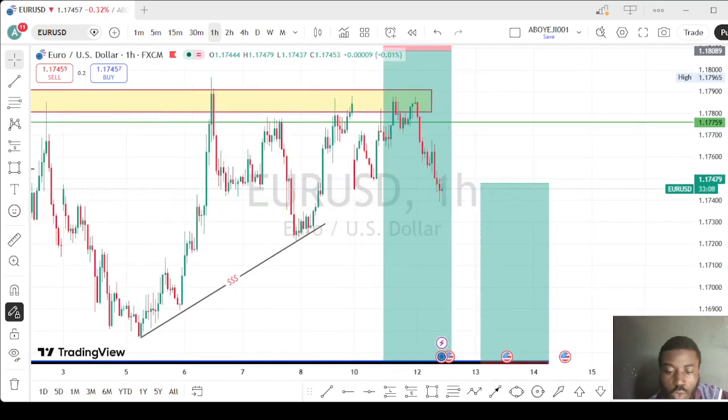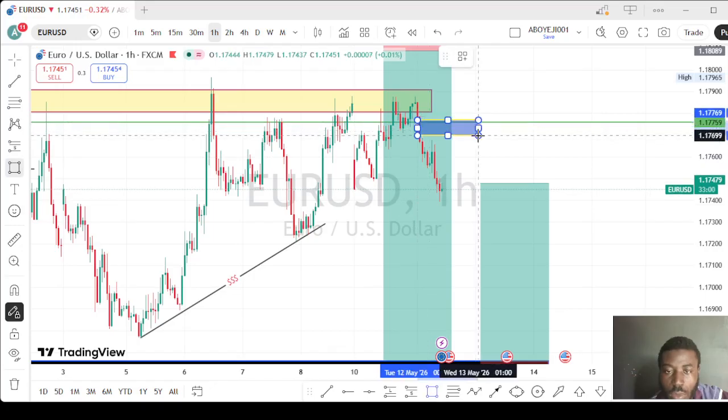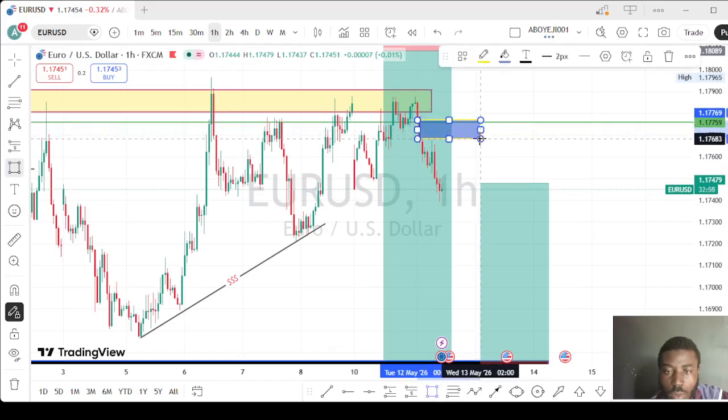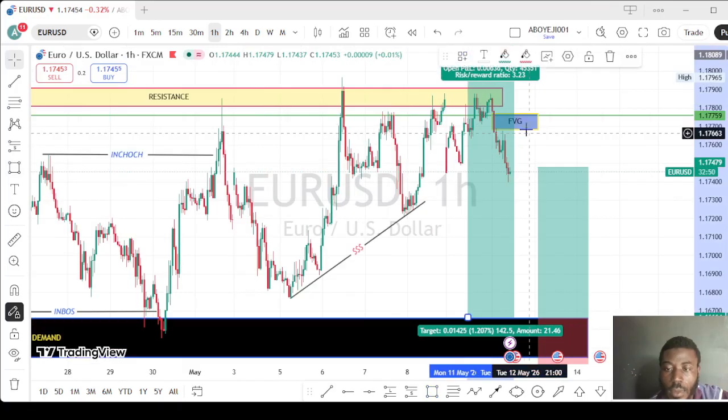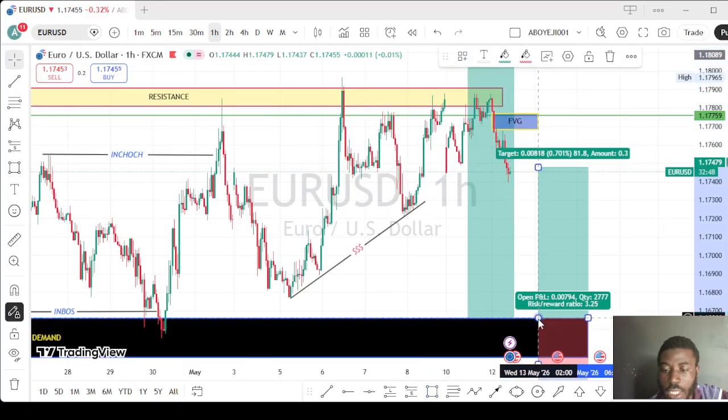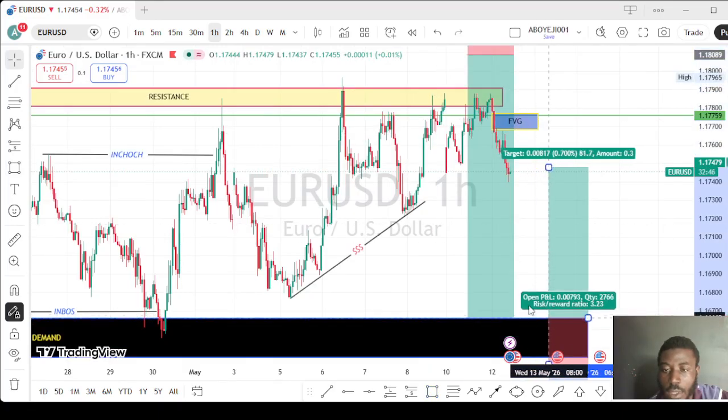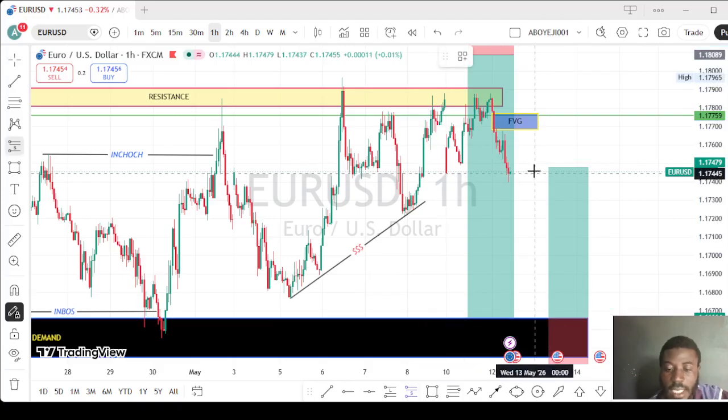So if you want to sell again, this way we are selling. This is the FVG we are looking up to. So we are looking to this FVG.